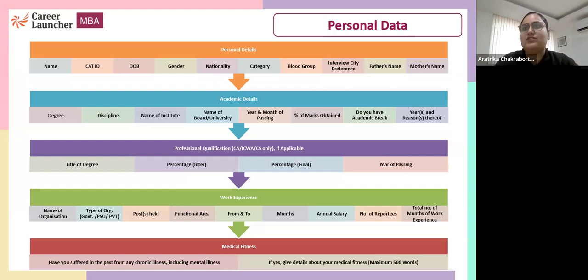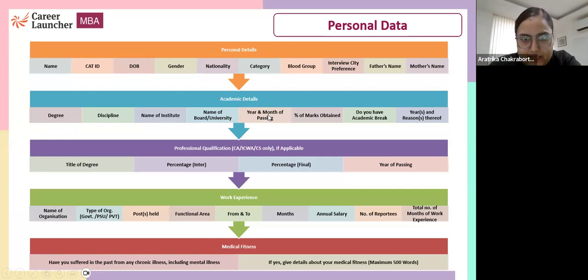Take all the necessary precautions beforehand, so that it doesn't turn out that you are getting 95%, but they are not considering it because of some disparity. So in academic details, these are all the different things that you have to fill. If you have any question on any of these pointers, please let me know, because I don't think you have any doubts in understanding what you need to fill.